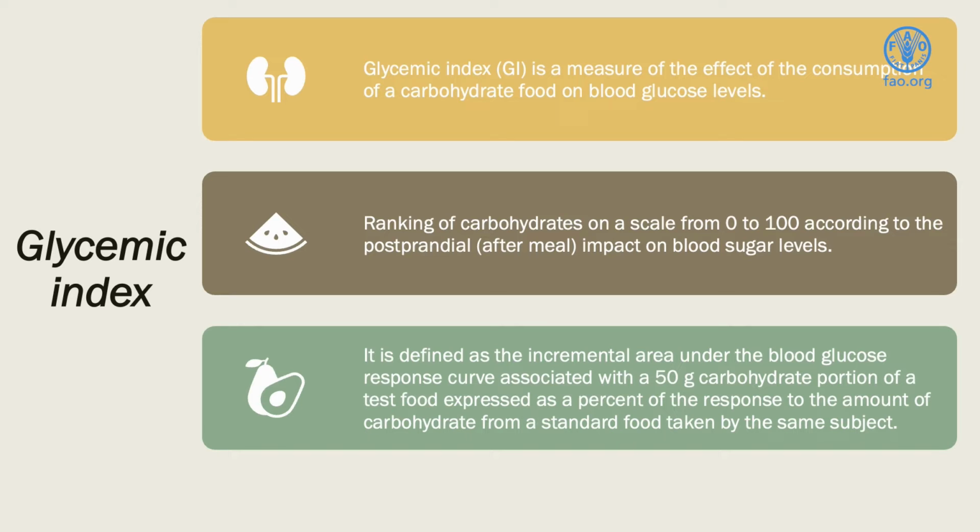And it is defined as the incremental area under the glucose response curve associated with a 50-gram carbohydrate portion of test food, expressed as a percent of the response to the same amount of carbohydrate from a standard food taken by the same subject. So actually the standard food is normally white bread.